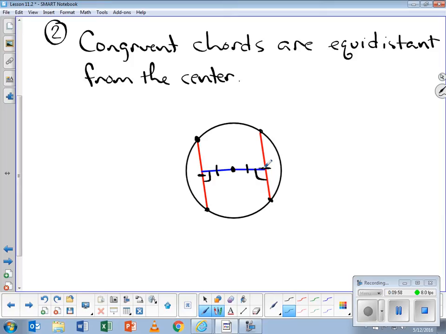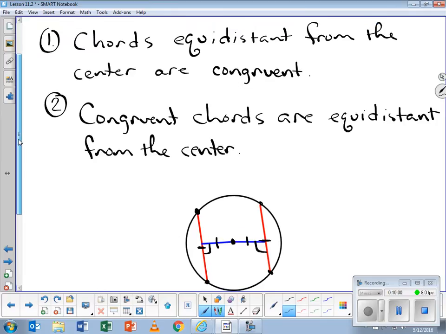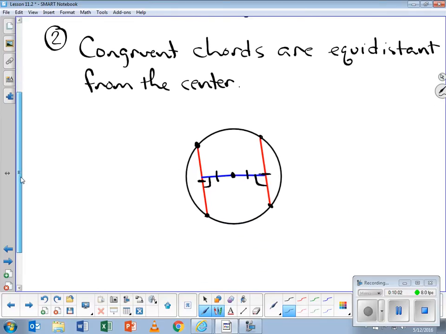So this theorem is saying, part 2 says if these chords are congruent in length, then that means that they're equidistant from the center. So the distance from here to the chord and the distance from the center to this chord have to be equal in length also. Should be 2 marks on them since I have 1 on the others. Sorry, I had that labeled that way. Okay?